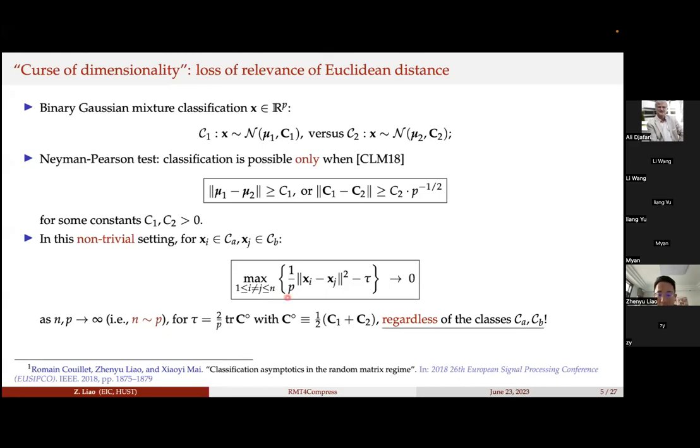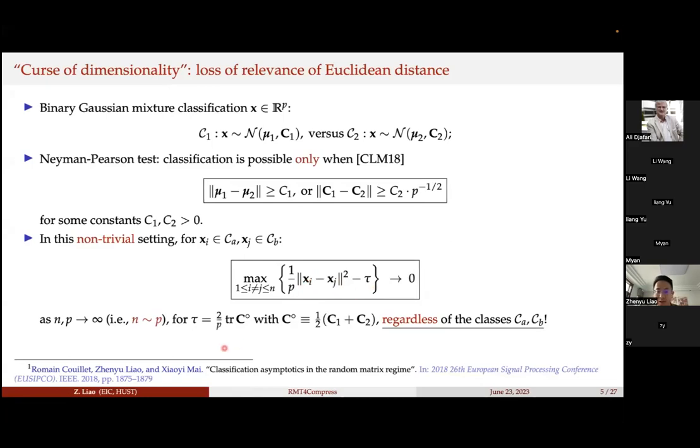This equation tells us that for n and p both large, where n is the number of data samples and p is the dimension of a data vector, the normalized Euclidean distance between any two data vectors xi and xj, evaluated to the power of 2, is approximately equal to a constant.